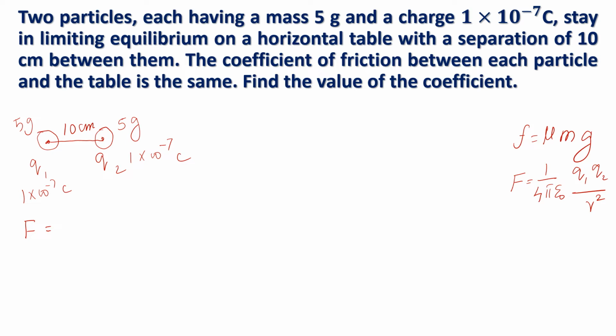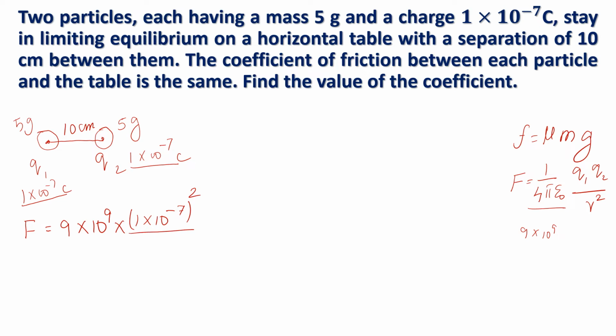Both charges are the same. F is equal to, instead of 1 by 4 pi epsilon naught, we may consider 9 into 10 power 9, because that is the value after substituting epsilon naught. So F equals 9 into 10 power 9 into q1, which is 1 into 10 power minus 7, and q2, the same, 1 into 10 power minus 7, divided by r square.